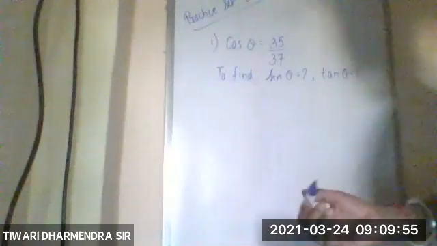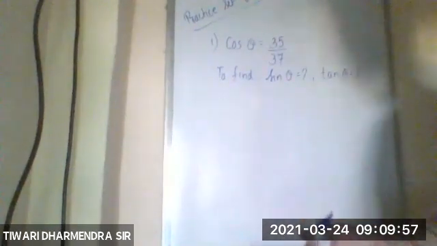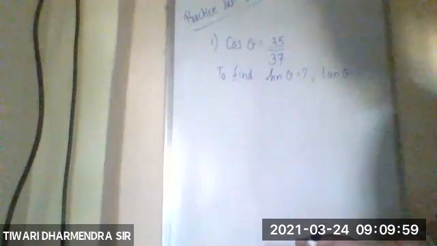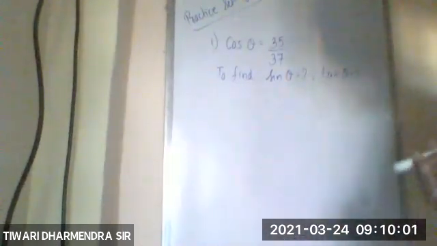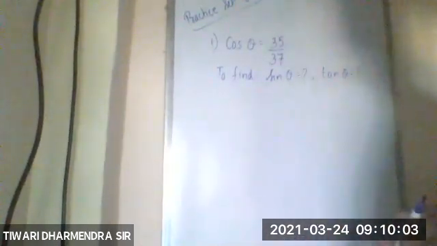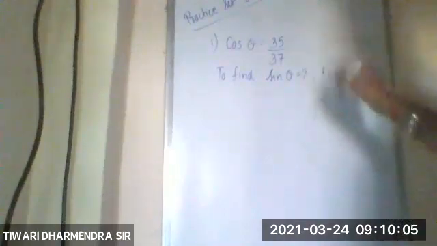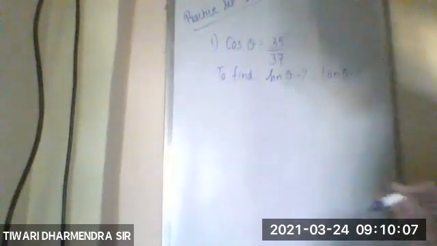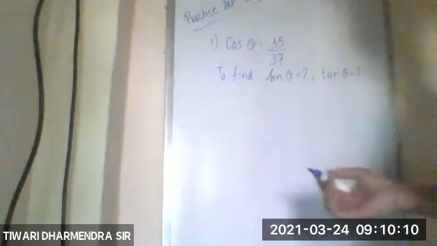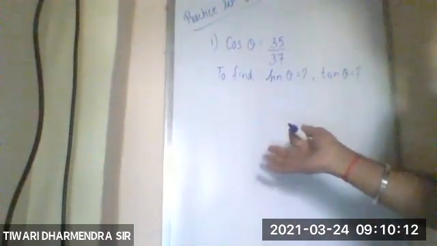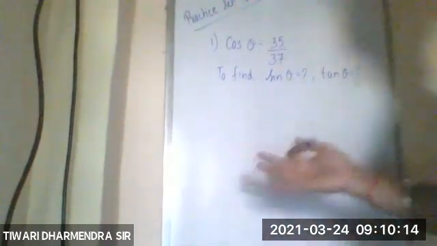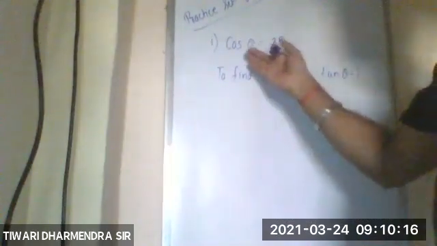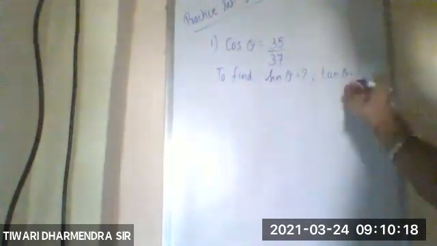So now there are two ways to find the values. One, you can use trigonometric ratio, in the sense you can use a right angle triangle, and the other way is to use the formula that we have derived right now. But if you use the formula, you get only cos, and according to cos you get only sine. But what about tan theta?